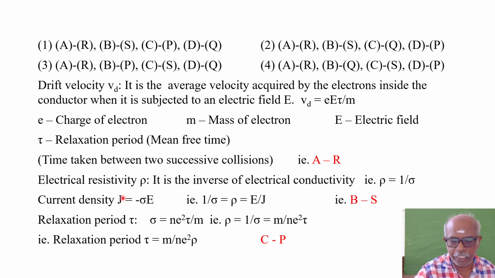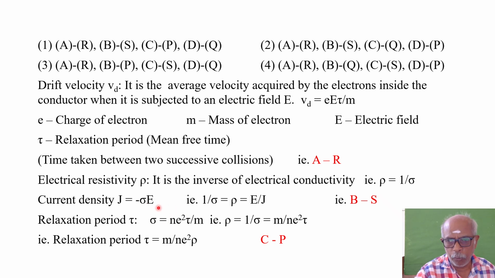Then comes electrical resistivity rho. You know that it is the inverse of electrical conductivity. That is rho is equal to 1 by sigma. Also you know that current density J is equal to sigma into E. This equation has been given in your textbook. So you bring sigma to LHS and bring J to the other side.